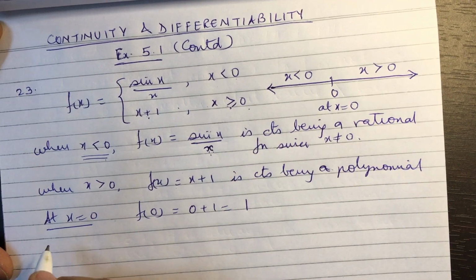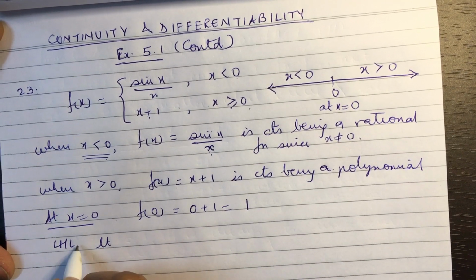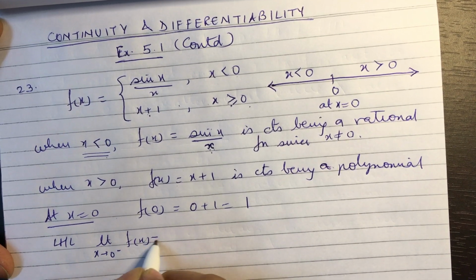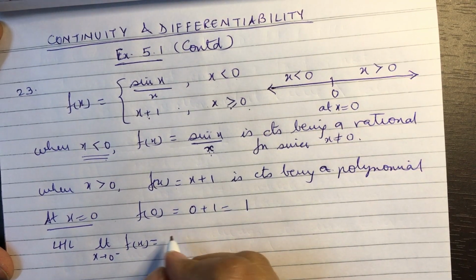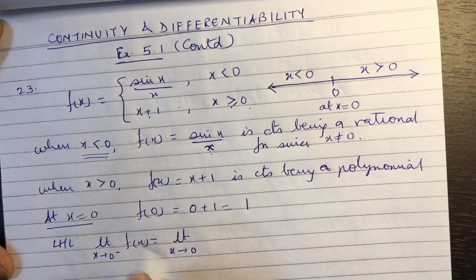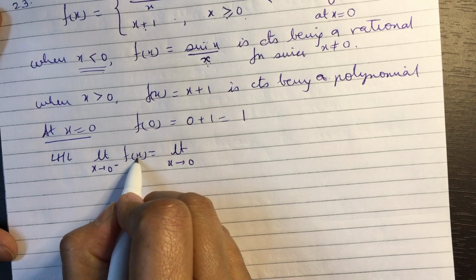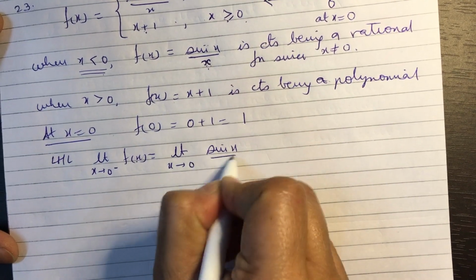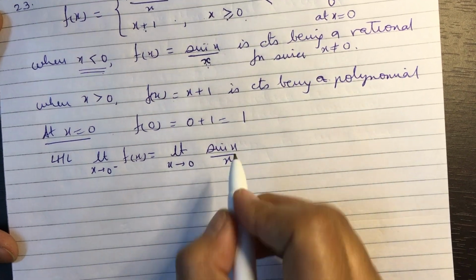which is 1. Now the left hand limit, x tending to 0 minus of f(x), is equal to limit x tending to 0, we drop the negative sign and replace f(x) with the definition on the left, which is sin x over x.